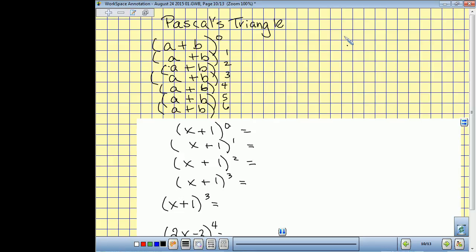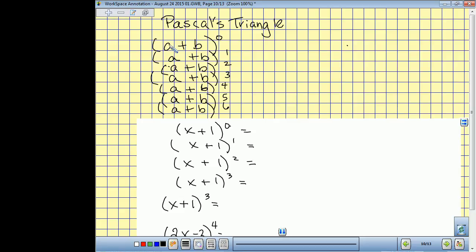Okay, so what we're going to use is Pascal's triangle, and we're going to use that as a simplified way of expanding binomials to higher powers. But first we have to figure out what it is and where it came from and see why it works before we can actually use it.